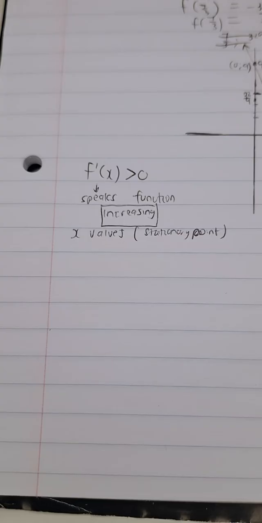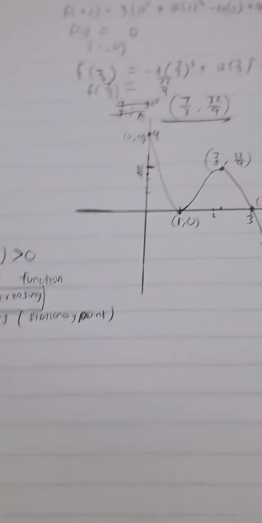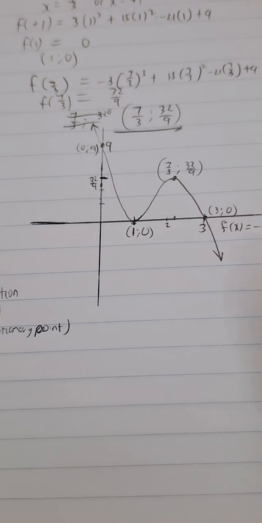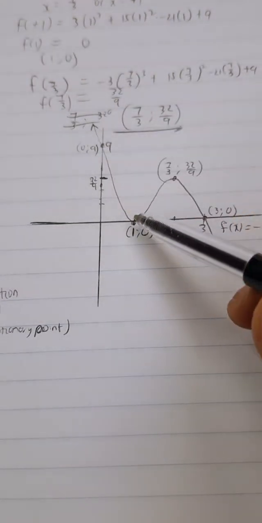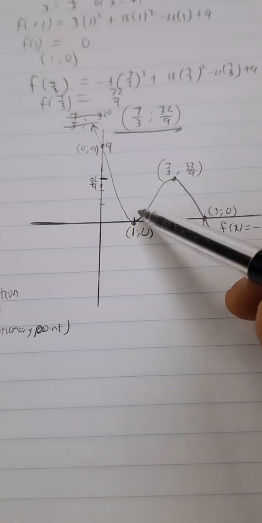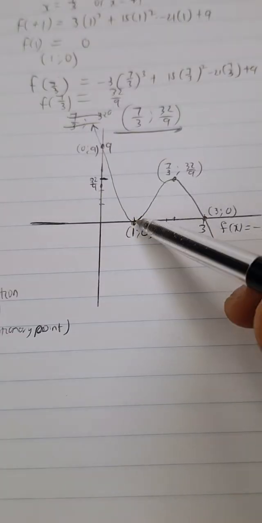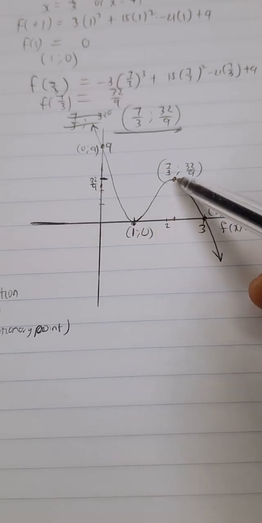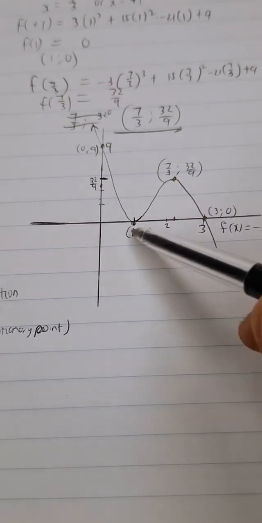For this particular question, there is the function I've sketched. I just want to know where the function is increasing. Here the function is decreasing up until this stationary point. From here to there, the function is increasing, that's between 1 and 7/3. But then from there, it decreases again.